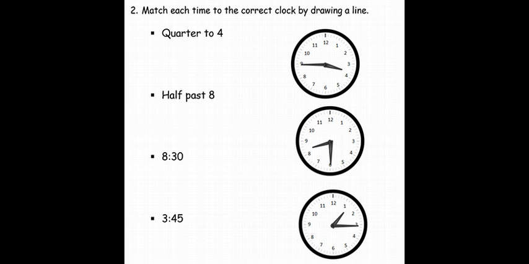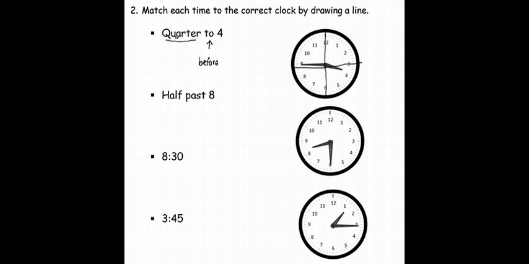Now we're going to match the time descriptions to the correct clocks. So my first description is 3:45. The word to means that it's going to be before 4 o'clock. We have to look for the clock where the minute hand is 1 quarter before 4 o'clock. If I look at this first clock, I'll divide it into quarters again.